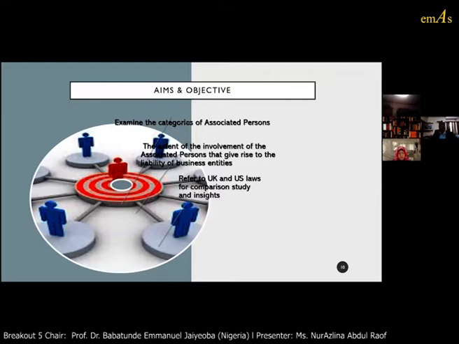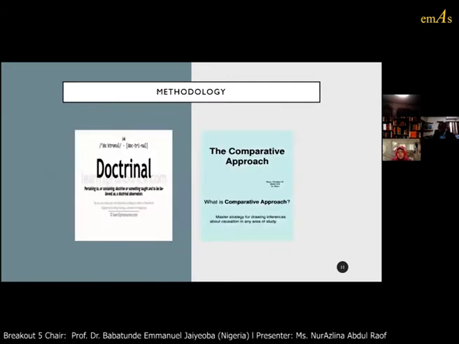Because in the first place, Section 17A is modeled after the UK and US laws: Section 7 of the UK Bribery Act 2010, and the US Foreign Corrupt Practices Act 1977.